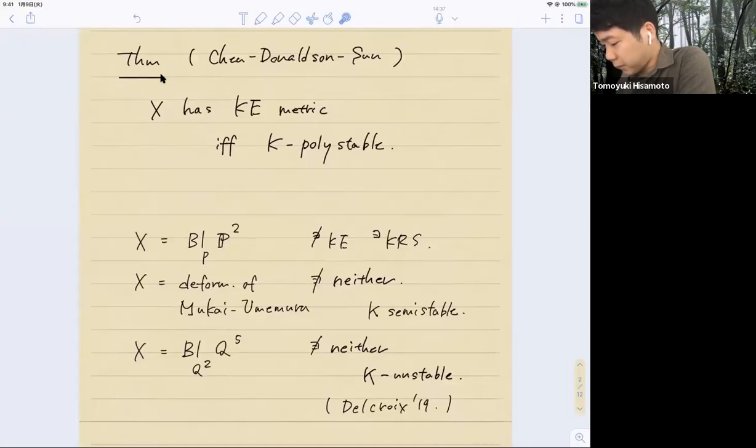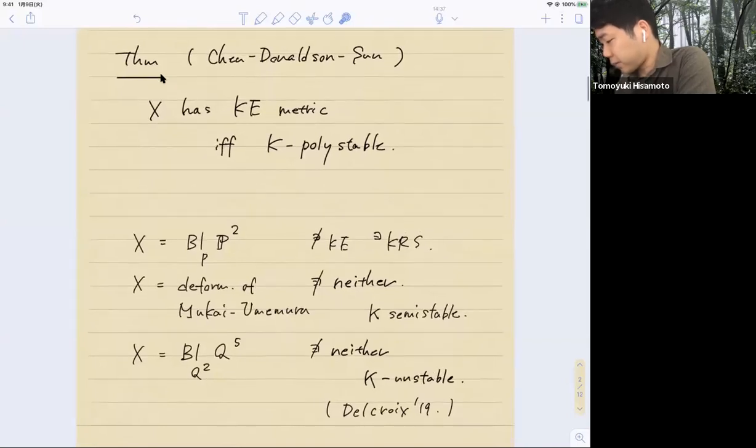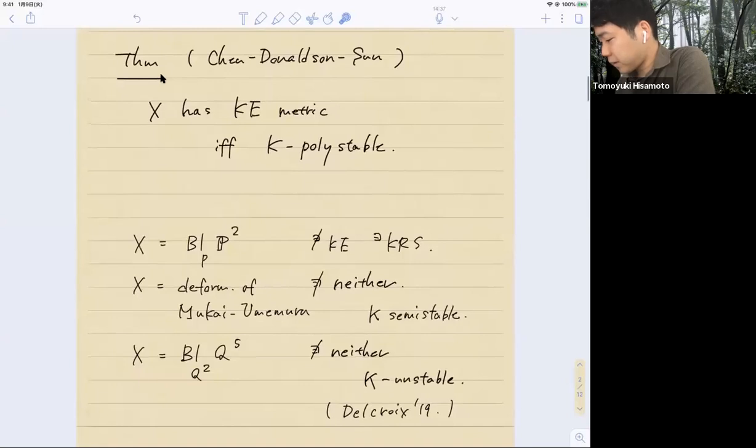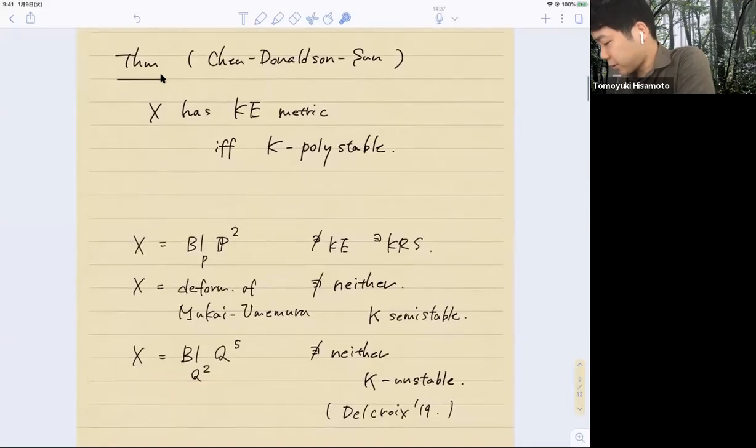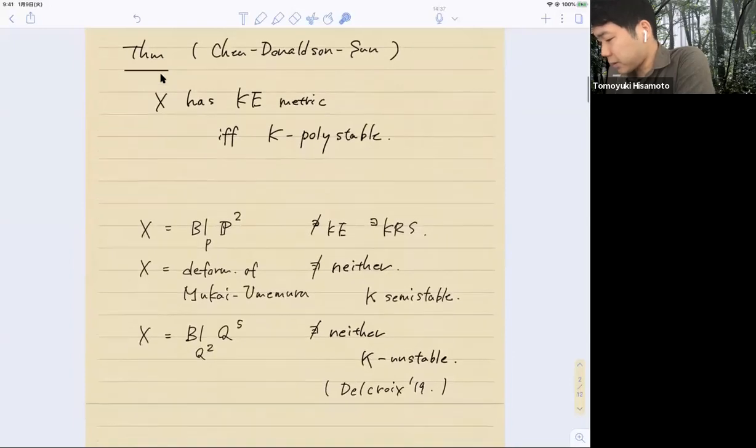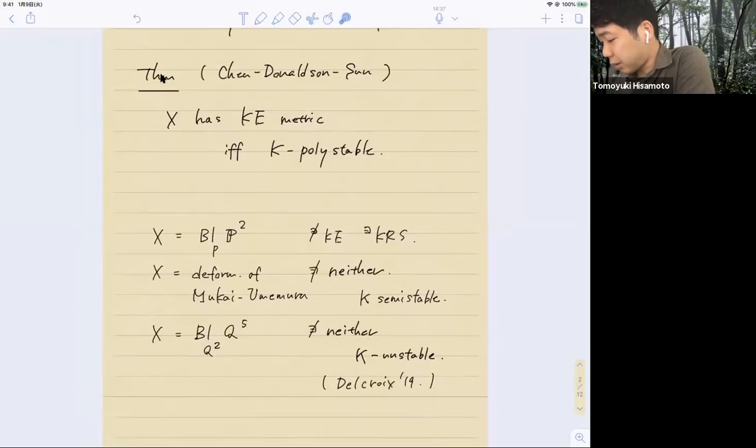For example, if you have the blow-up of a quadratic fivefold, then there is an example of K-unstable. So in higher dimension there also exist K-unstable manifolds, and of course they don't have any kind of standard metric like Kähler-Einstein or Kähler-Ricci soliton. I learned it from Delcroix's paper. Okay, but there are a lot of such examples.